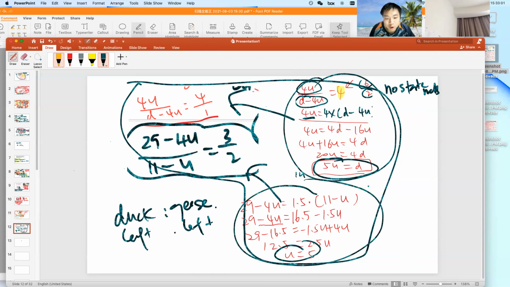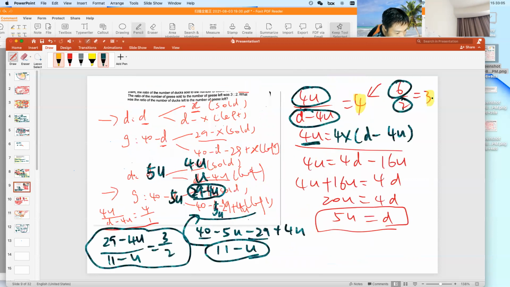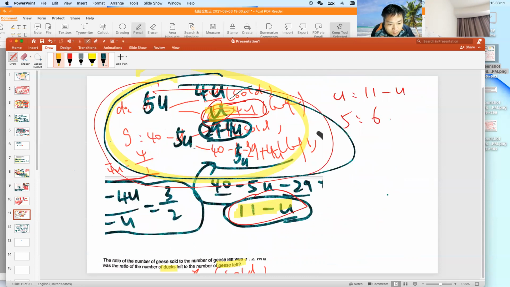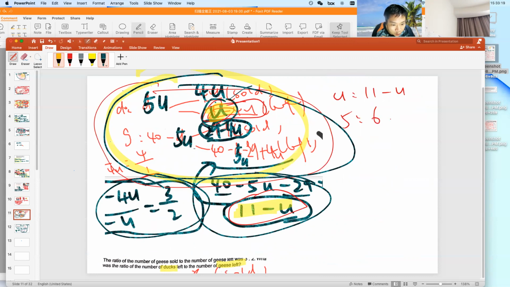Okay. So what I'm trying to say is, if you have this diagram, if you have this branch here, you have all the working. So what I need to do next is I need to pick the u to 11 minus u.